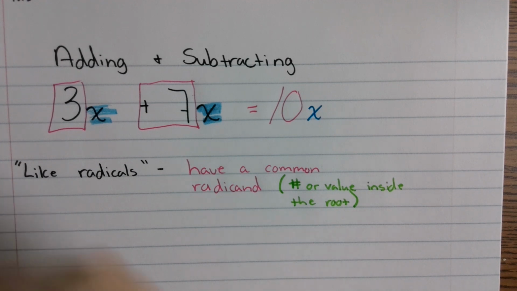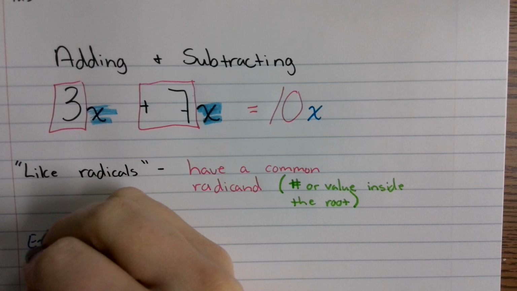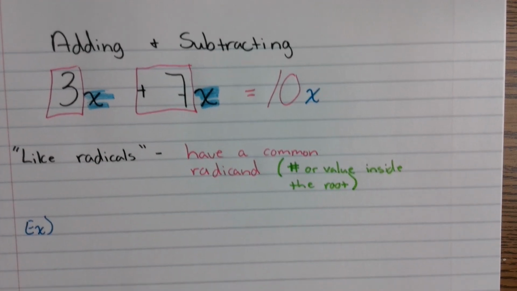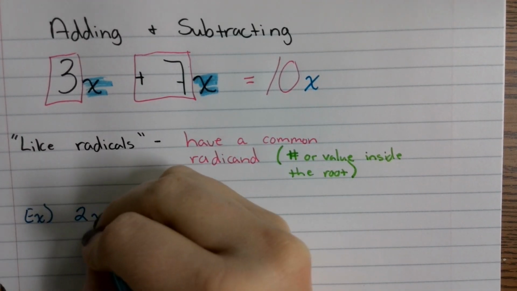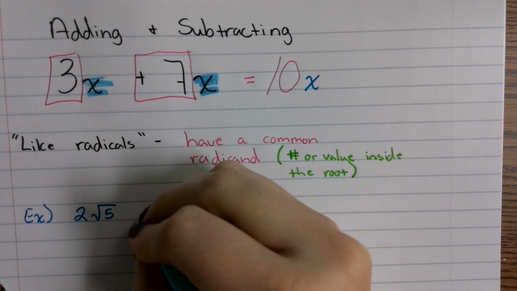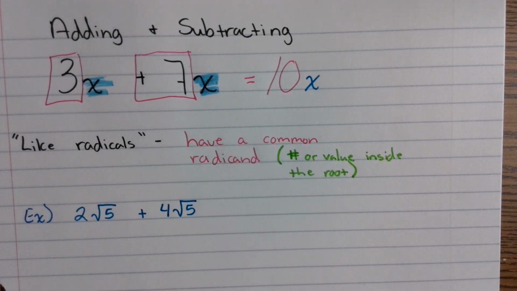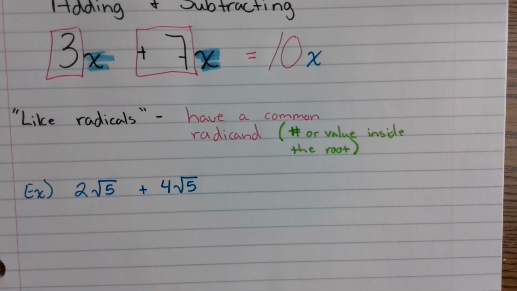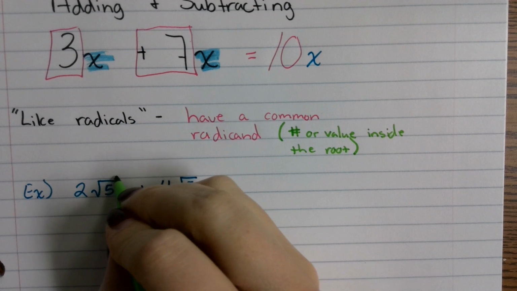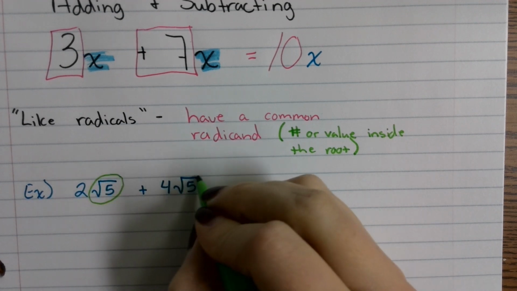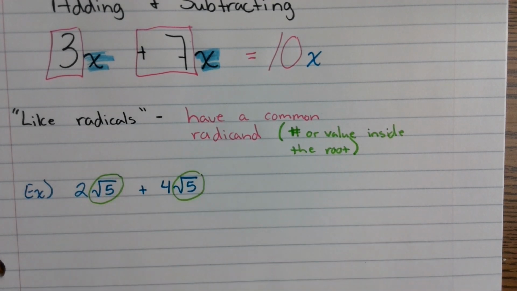So for example, if I give you 2 square roots of 5 plus 4 square roots of 5, again, the radical square root of 5, those are like radicals. They are the same.